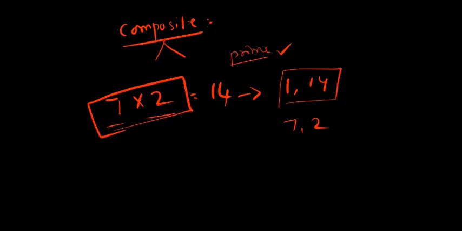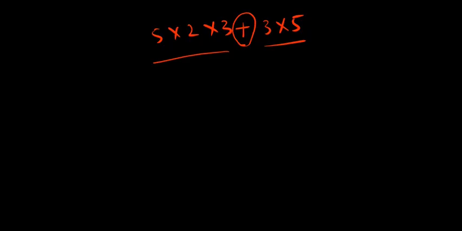For example, they will give 5 into 2 into 3 plus 3 into 5. What we do here is make this into something into something. Here the plus is separating these two, so these are two different numbers. Here 3 is common, so let's take 3 as common.